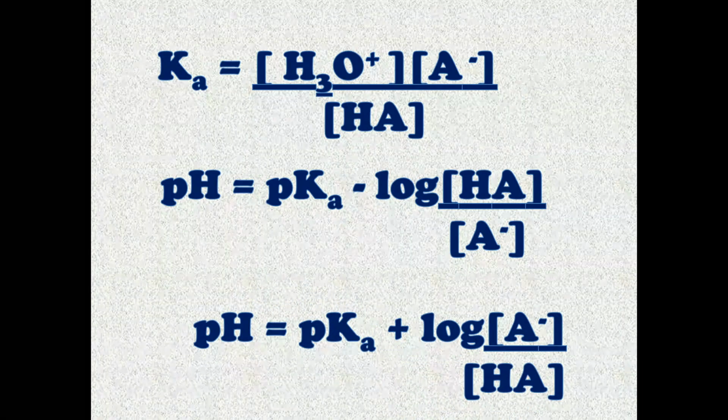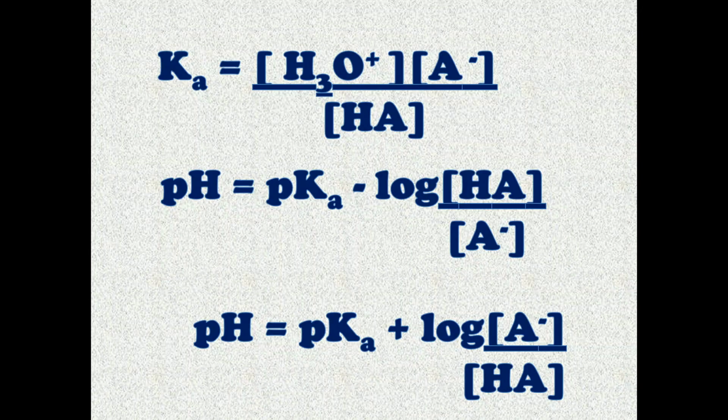Or, flipping base over acid, pH is equal to the pKa plus the log of A minus over HA. That means the pH of a buffer is going to be determined by, one, what is the Ka of the buffer, and two, what is the concentration of the acid versus the concentration of the base.